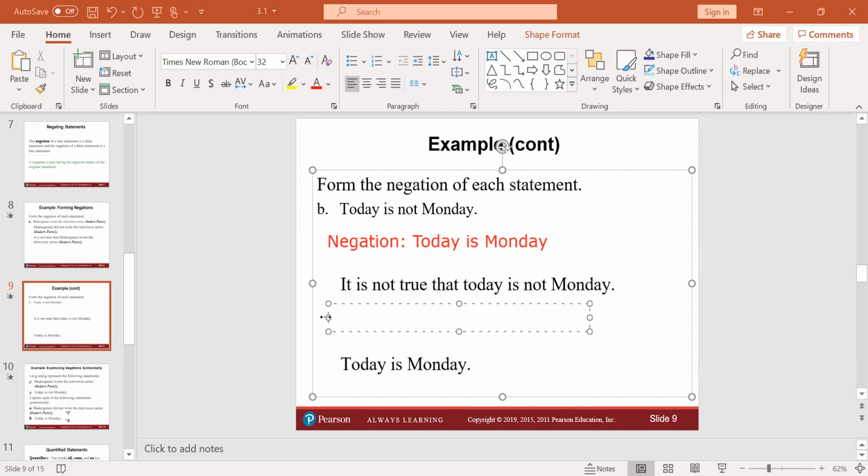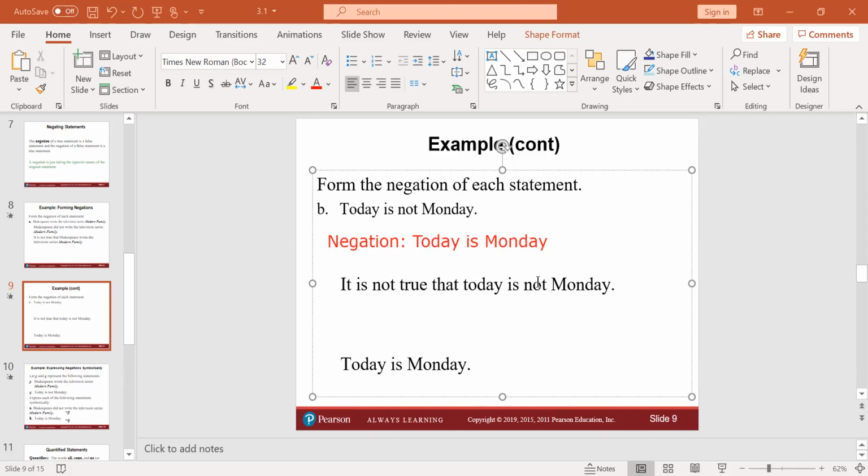So here's a doozy. It is not true that today is not Monday. So it is not true that today is not Monday. Correct. So the sentiment of that statement is that today is Monday. And if you think of things like the double negative, you use not here and you use not again.